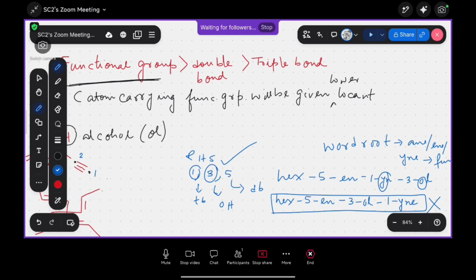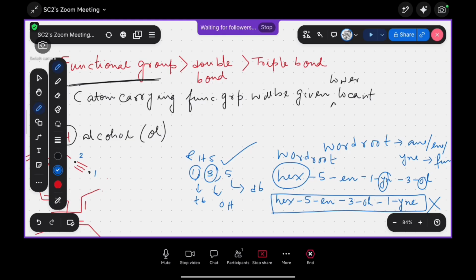Simply follow the format that I have given in my previous video. Follow that so that you understand what is the format. Hex 5 ene, 3 ol, 1 yne is the wrong one. The correct one is hex 5 ene, 1 yne. Hex comes under the category of word root.